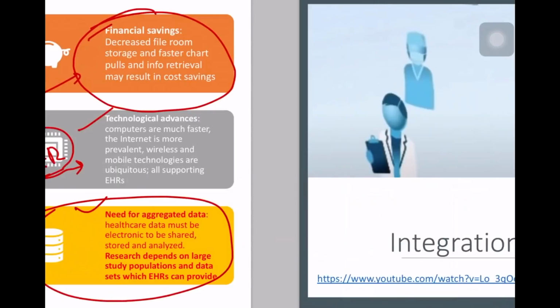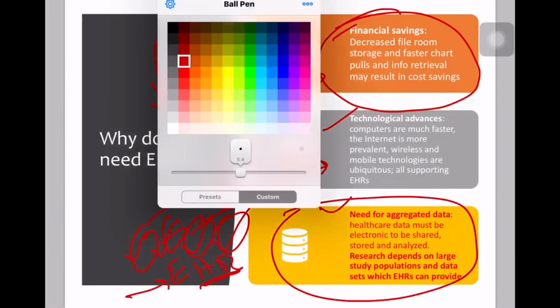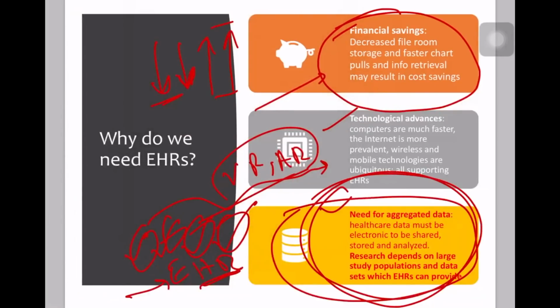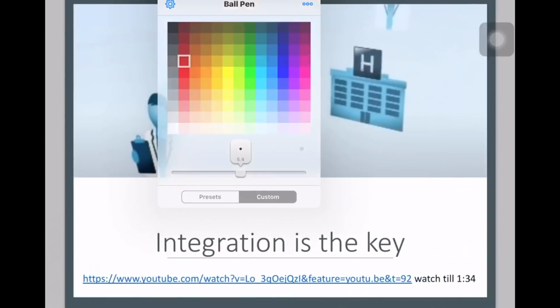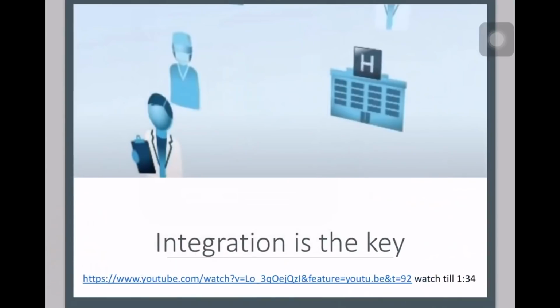Now, as I said, one of the key components is the aggregation and integration of different types of data. We have the data in the EHR, and in the EHR we have different types of data, right? From demographics and vital signs, to the data about labs.